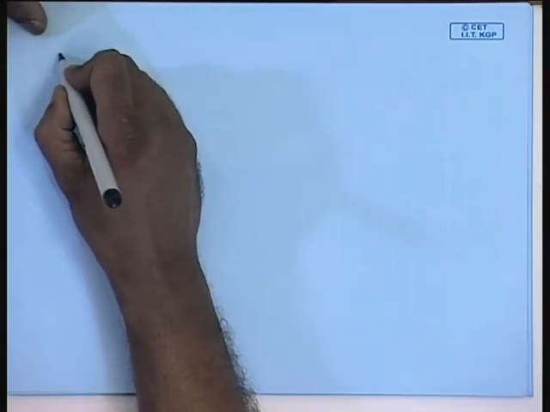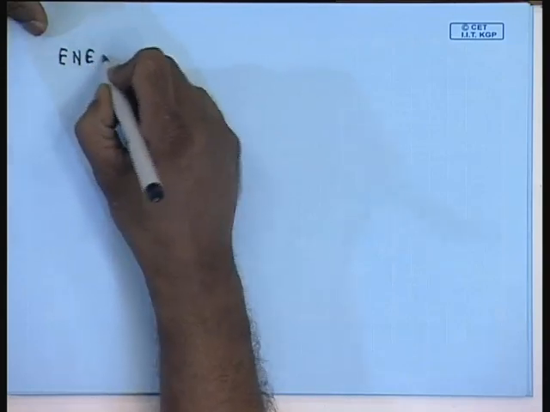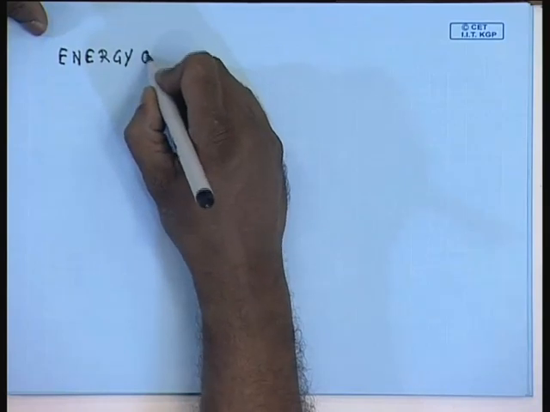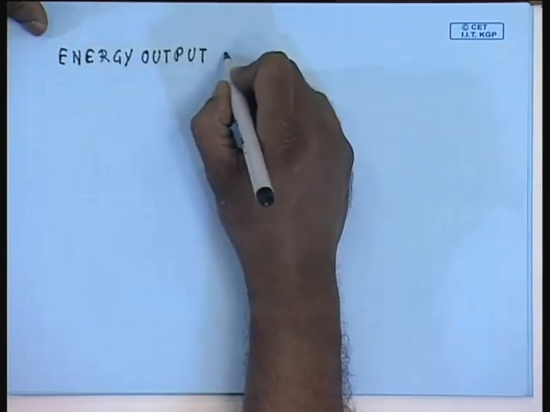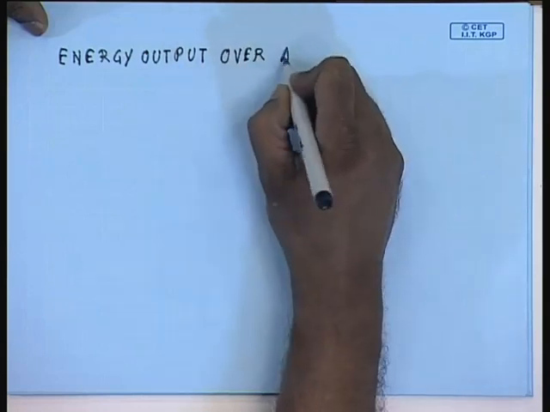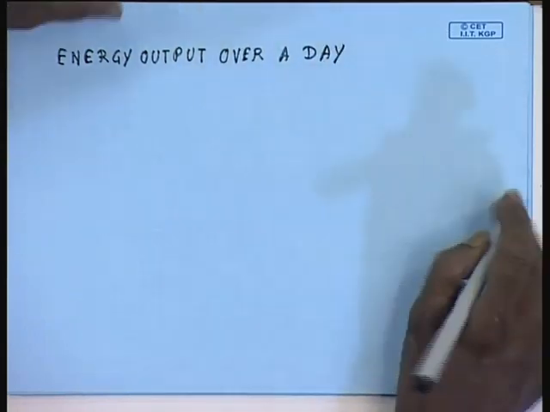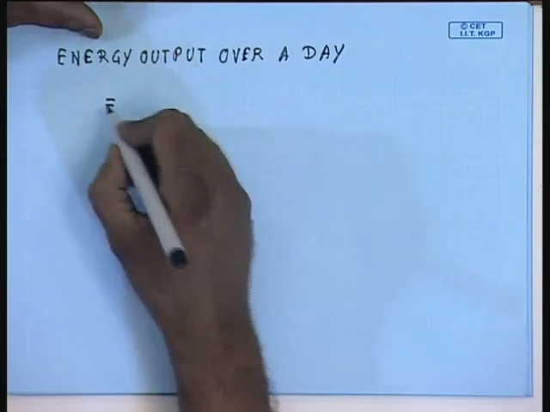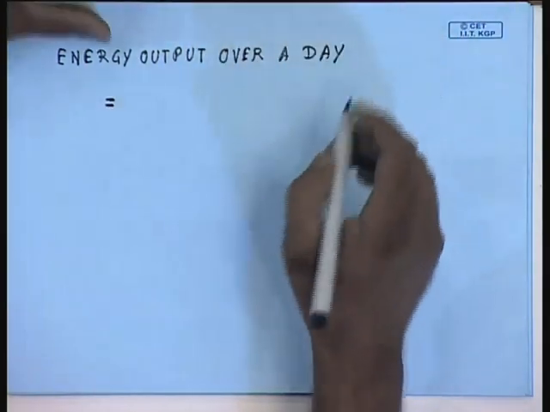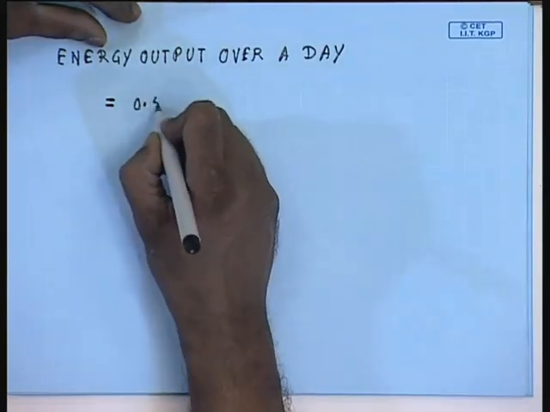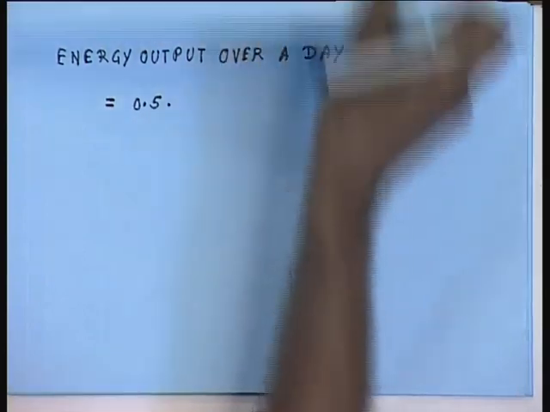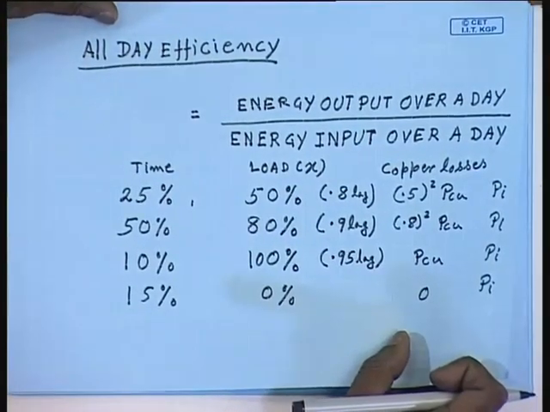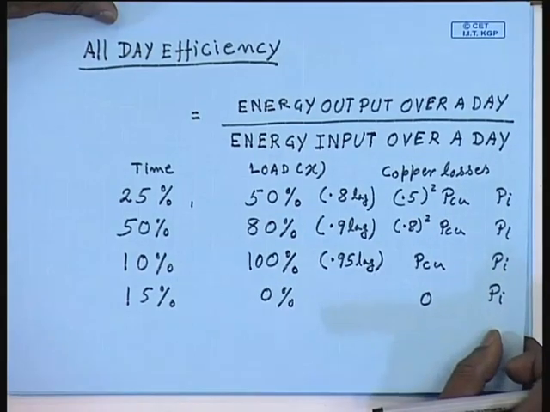The energy output over a day, if let us say the transformer kVA rating is kVA rated, then the energy output over a day is equal to 0.5 into kVA rated into power factor 0.8 into 6 hours, that is 25% of a day, 1/4 is 6 hours, it remains loaded at 50%.